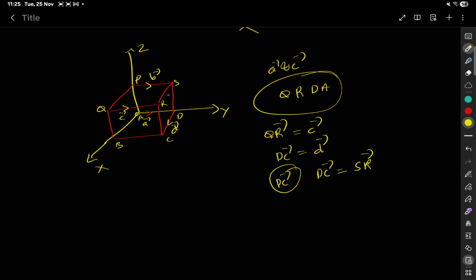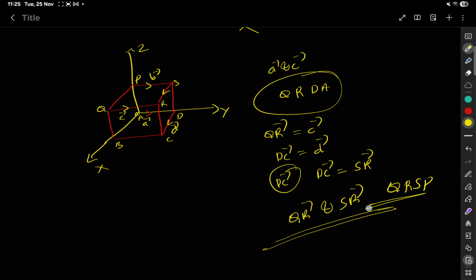So you can see QR and SR, are they coplanar? Yes. Why? Because of PQRS.